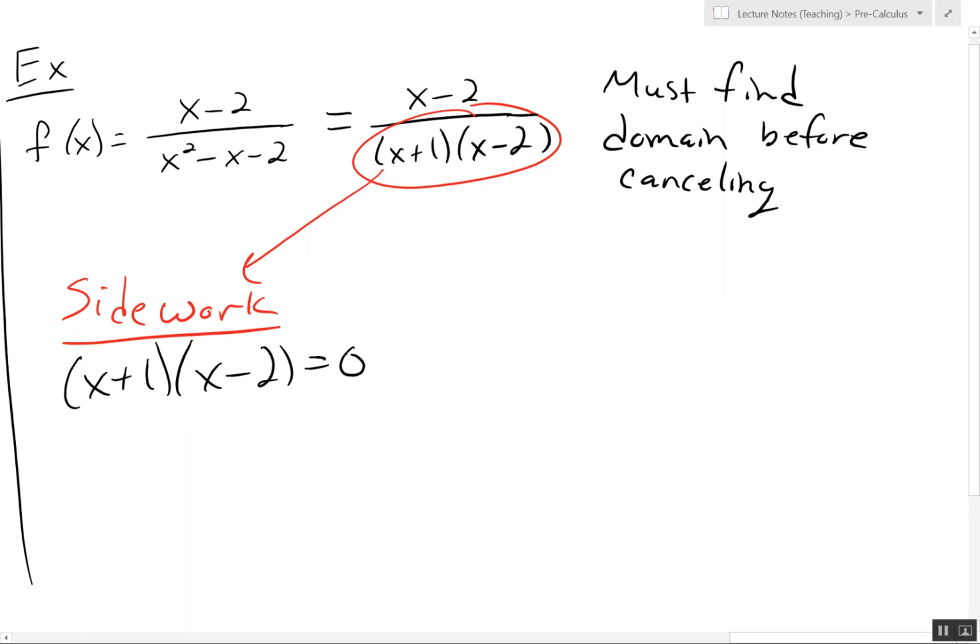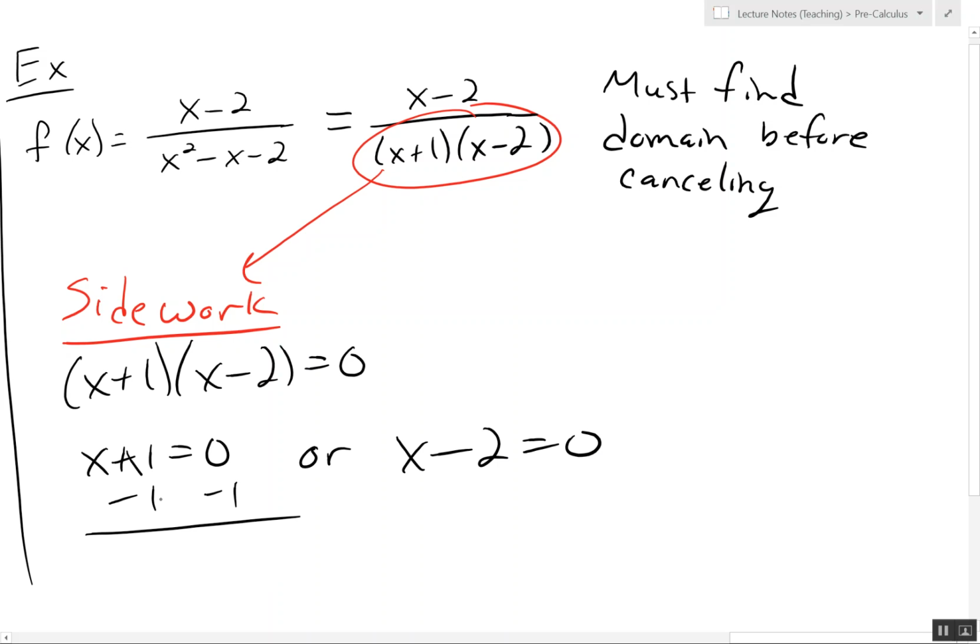So the zero product property applies, and we get that x plus 1 equals 0, or x minus 2 equals 0. In the first equation, we can subtract 1 from both sides. These cancel, and we get x equals -1. On the other equation, we can add 2 to both sides, and we get that x equals 2.